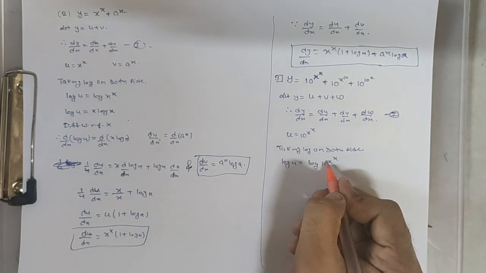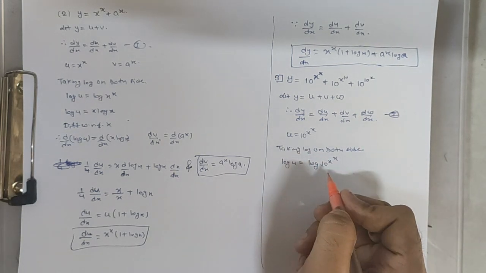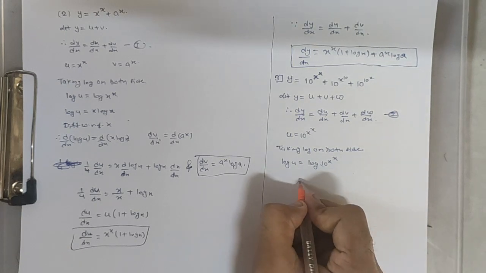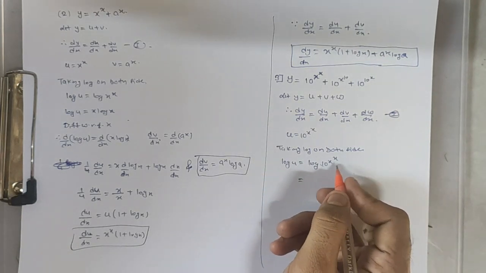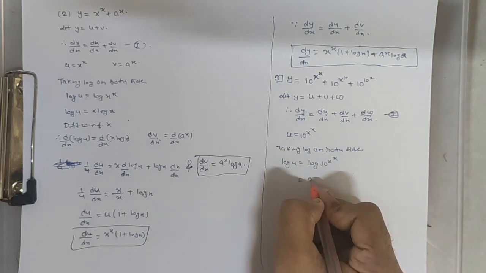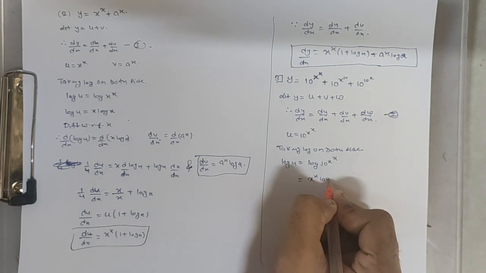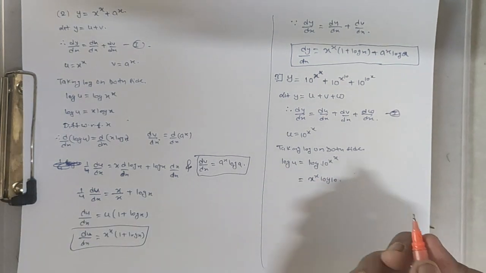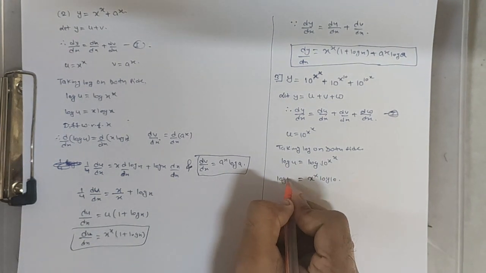Either we can take this whole term or this term. So we can take this one, x raised to x into log 10. So this is our log.